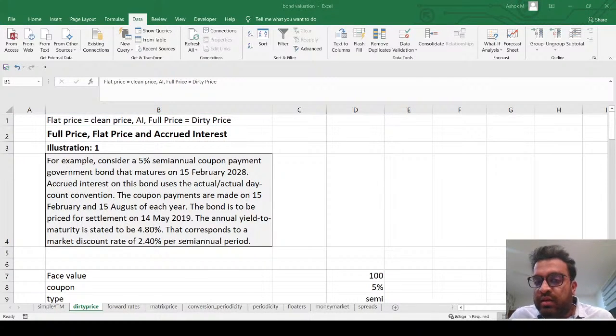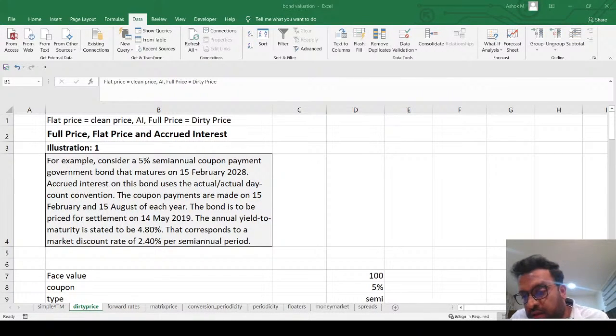The reason is that if you add accrued interest, every day the bond will keep increasing in value. That's natural, right? Because every day there is accrued interest. The bond's price will keep increasing, and on the coupon date the bond price will suddenly reduce. So that's an issue.